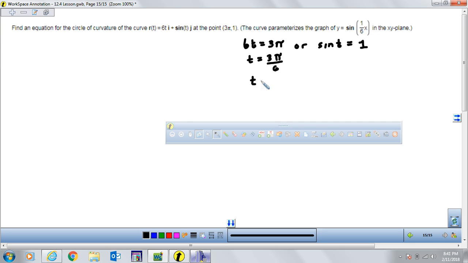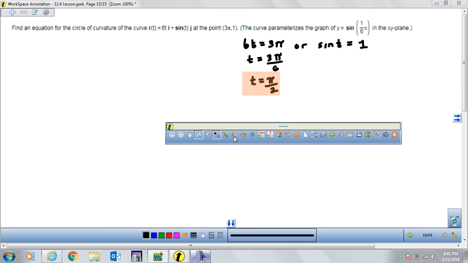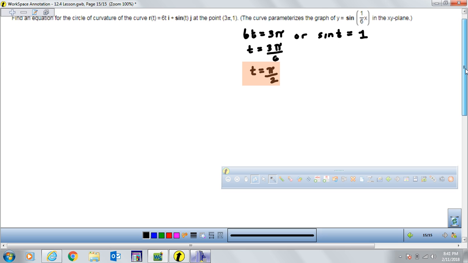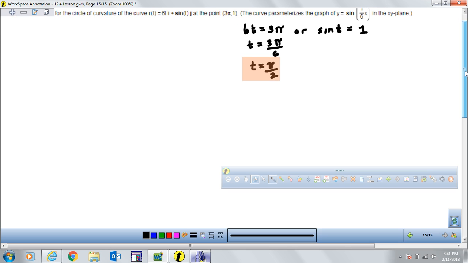So the parameter t is exactly t equals pi over 2, where we have the position 3 pi, 1 for this particle. Let's keep this in mind because we're going to use it later, because that's the exact position where we want to evaluate our normal vector, which is what's going to help us to determine the circle of curvature.